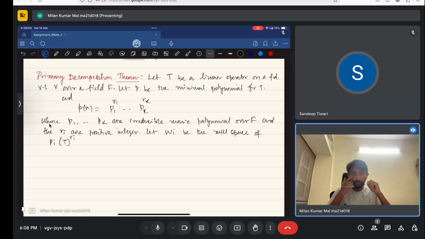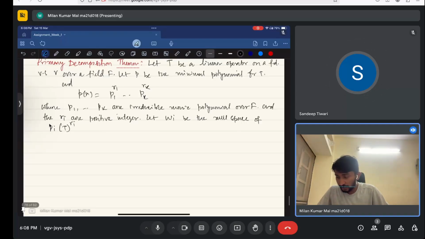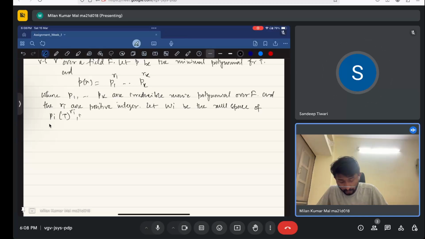Since Pi is a polynomial, one can easily make sense of Pi(T) and Pi to the power ri as well, for all i equals 1 to k. Then first, V is the direct sum of W1 all the way to Wk, and second, each Wi is invariant under T.